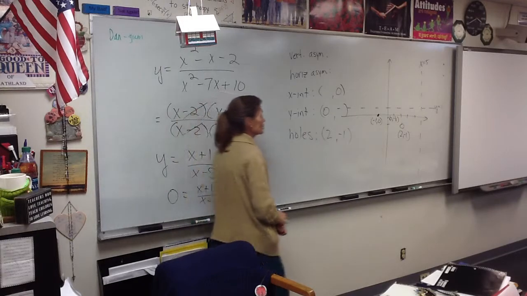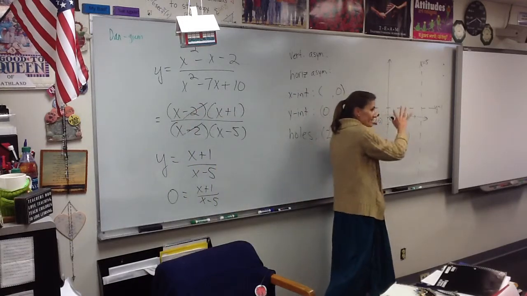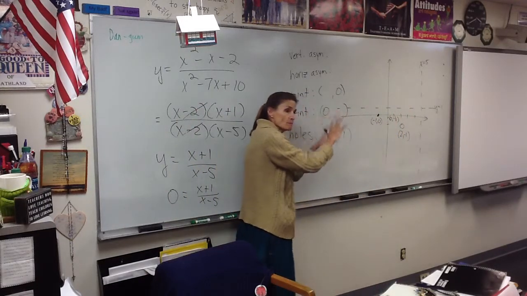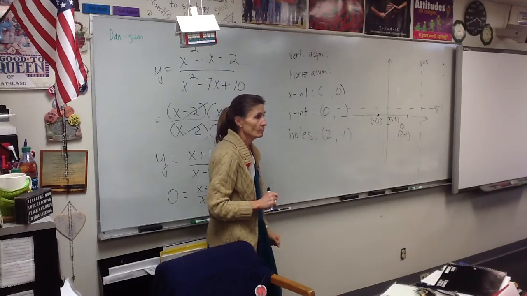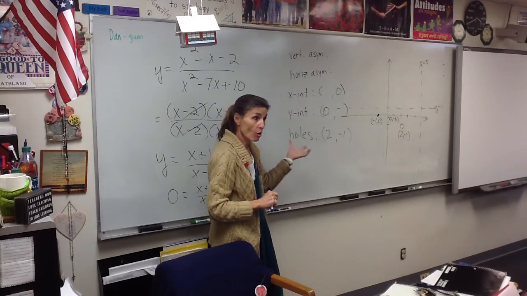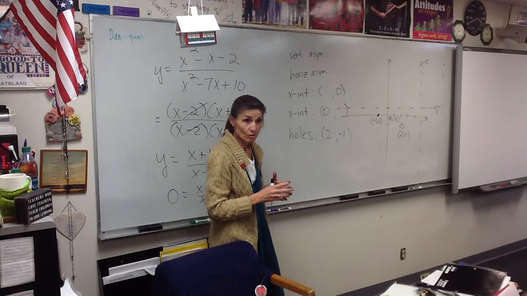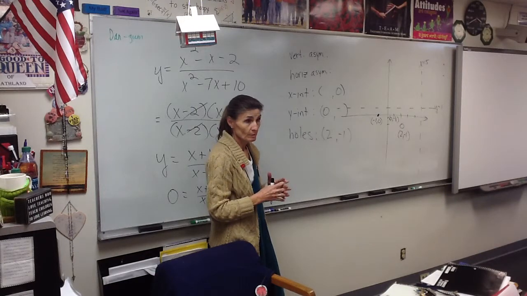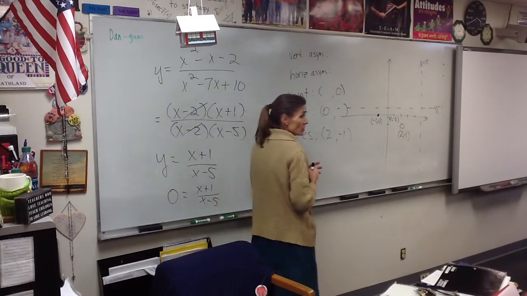Anybody have a question about this, the important stuff, the asymptotes, intercepts, holes? Because if you can get all that in place, you're almost home. Now you just need to create a picture. Can you visualize it?